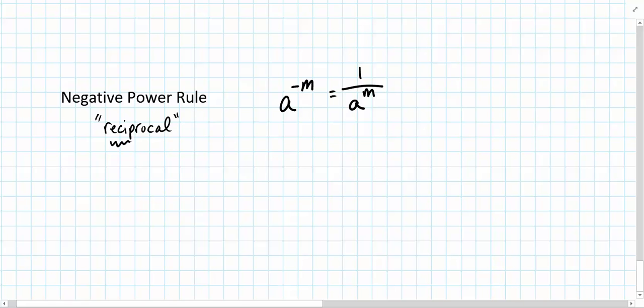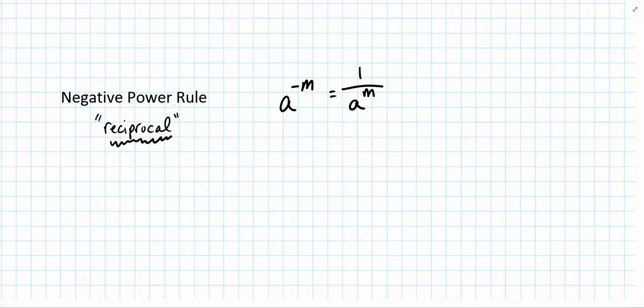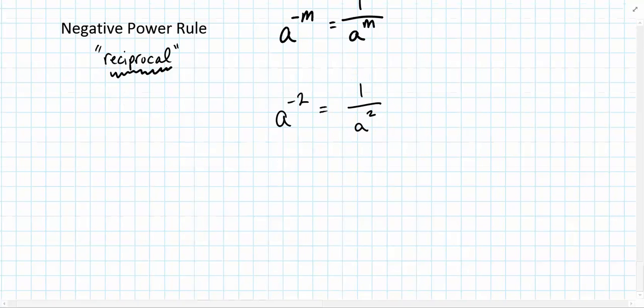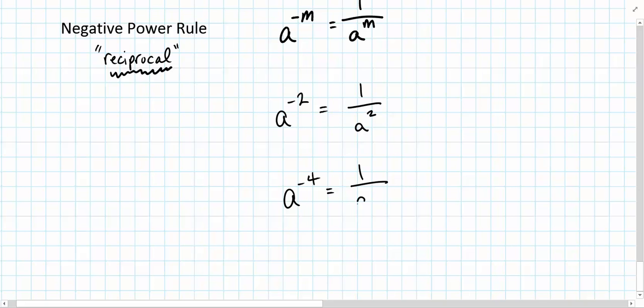These are reciprocal fractions due to the negative power rule. For example, if I present to you a to the negative 2nd power, you can immediately think of its reciprocal, 1 divided by a to the positive 2nd power. A to the negative 4th power is the same as 1 divided by a to the 4th power.